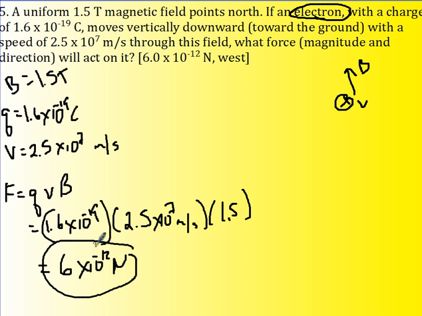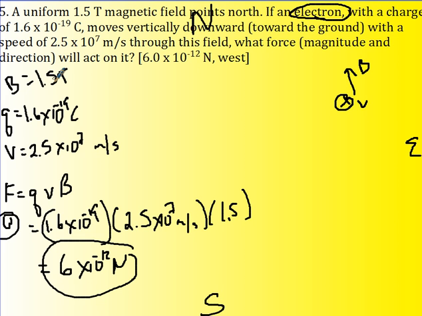B is to the north. North is top of the page, south is bottom of the page, east, west. Now, B is north. V is moving downward. So flip your hand over so it's pointing downward.